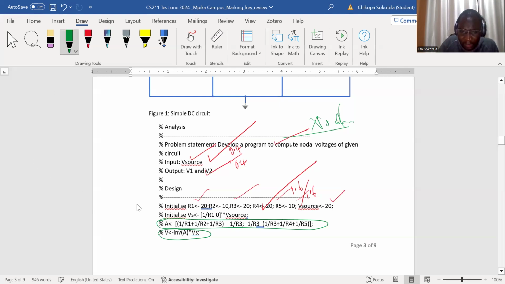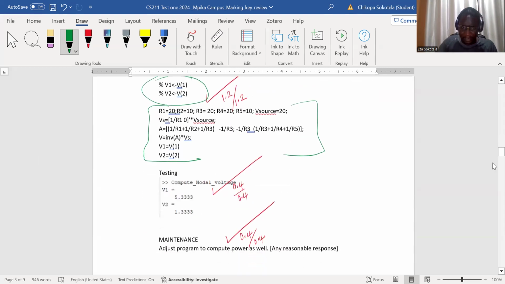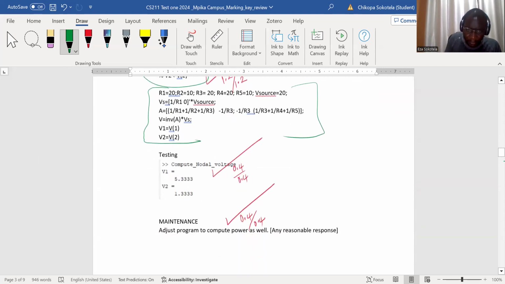Many of you got that right. And these are the nodal voltages. This here is the implementation. It's pretty short. And these are the results from testing.